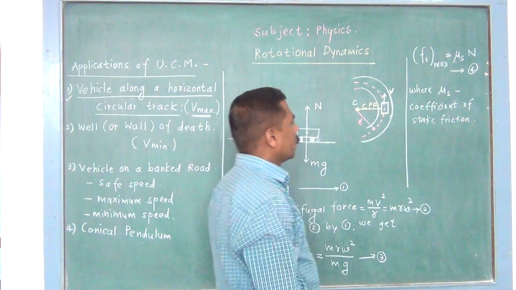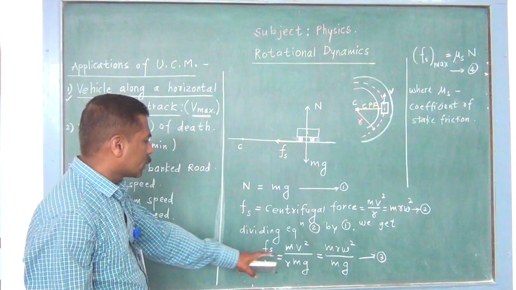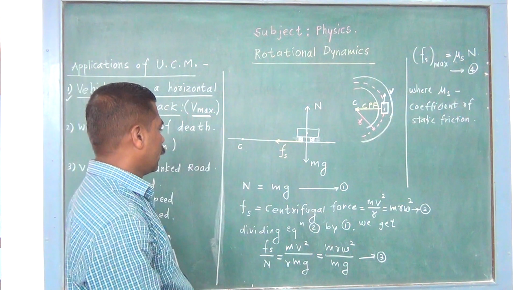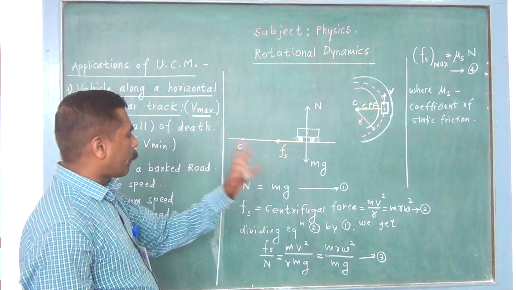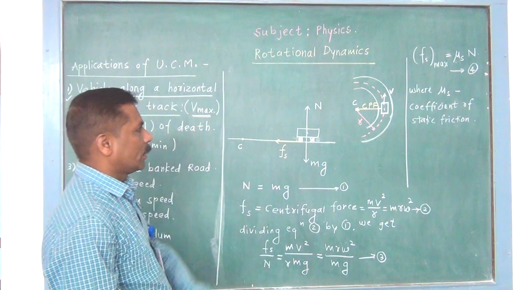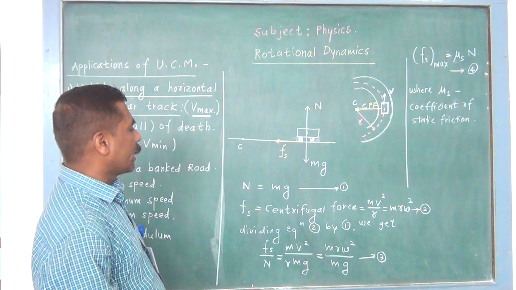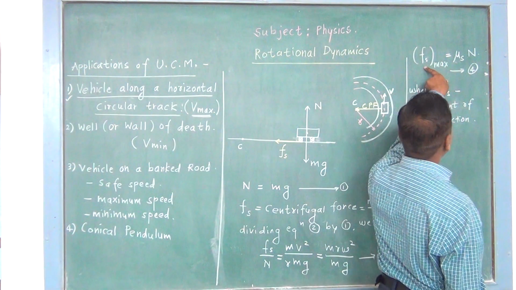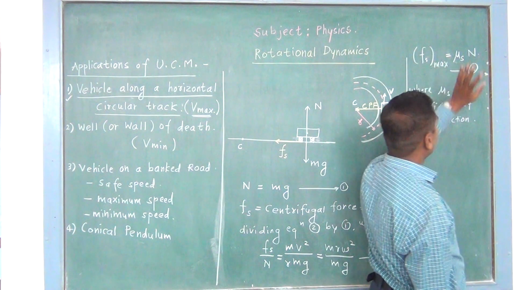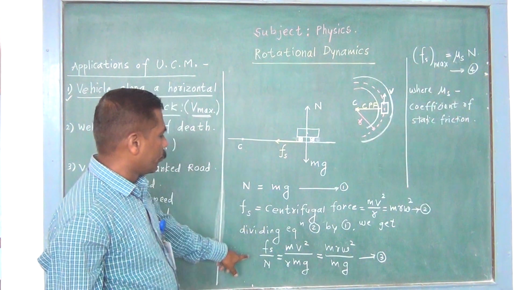Okay. So if you observe equations 3 and 4 very carefully, I am going to use the first two ratios and find out the value of Vmax. From equations 3 and 4, if I take the ratio, Fs max upon N, you can put the value of mu s here.